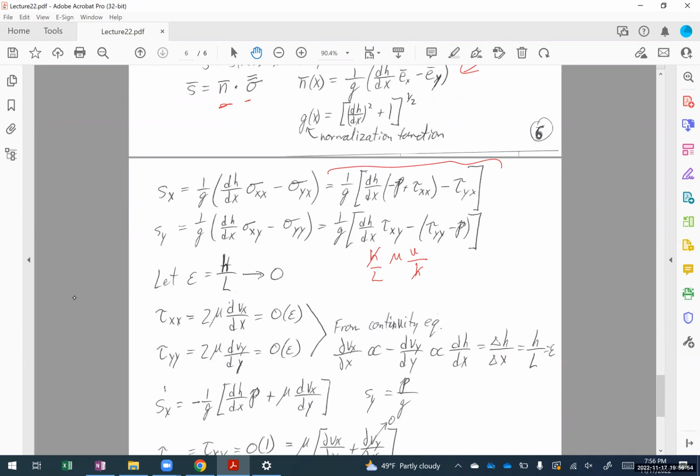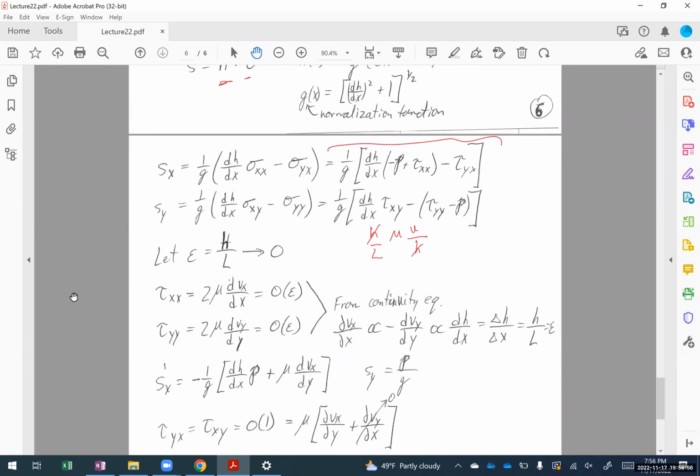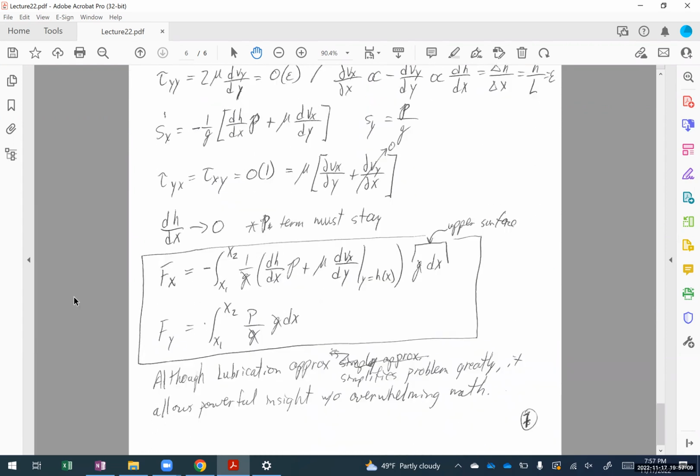And then you can use order of magnitude estimates to cross out terms. For example, dou Vx over dou x is what? You can do such things, and then you can cross out terms, and then you can calculate what the forces are going to be.